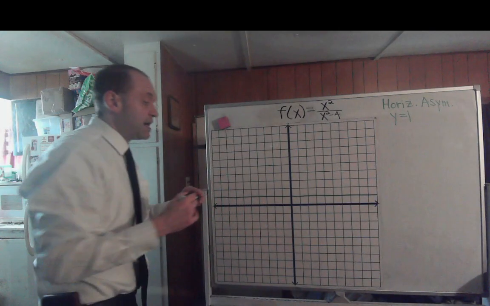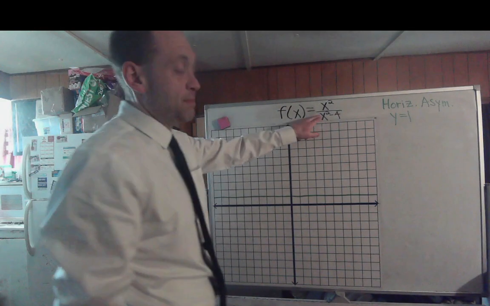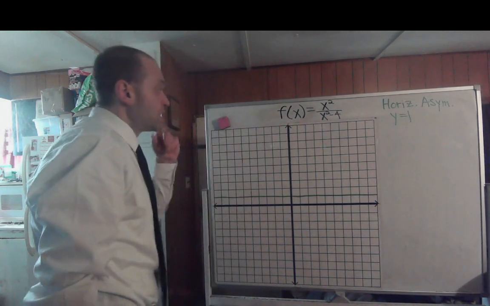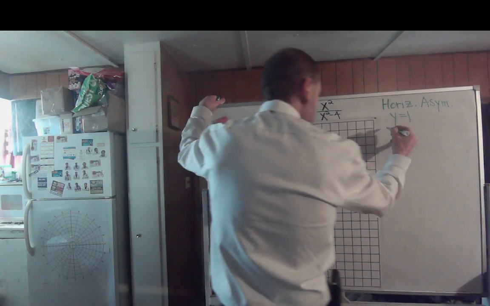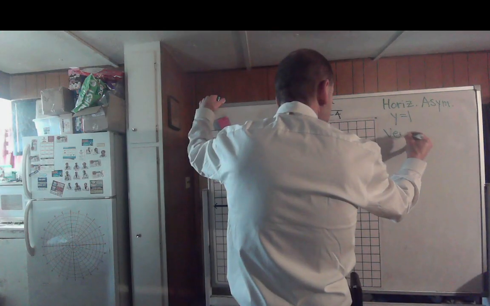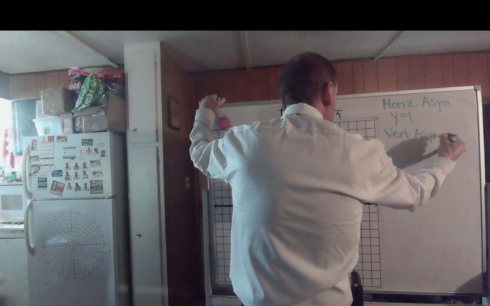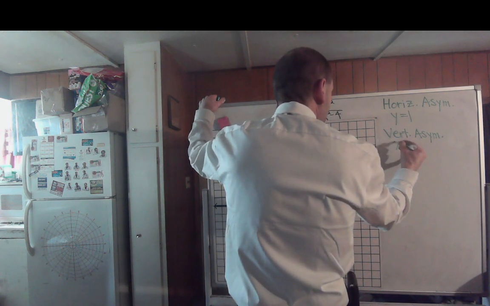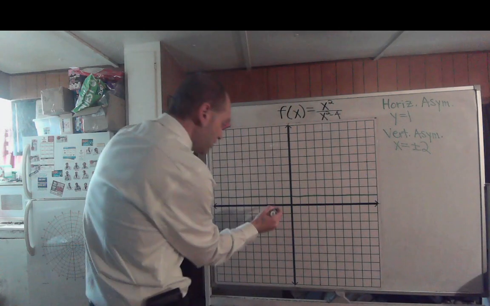Alright, so what about the vertical asymptote? That's when your denominator equals 0. Well, you get that at both x equals plus and minus 2, so you actually have 2 vertical asymptotes this time. That'll occur when x equals both plus and minus 2, so there's 2 vertical asymptotes.